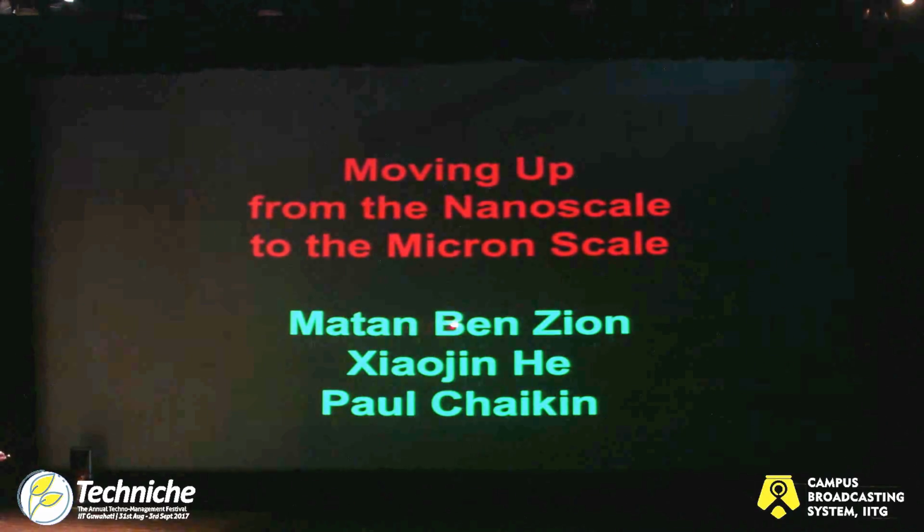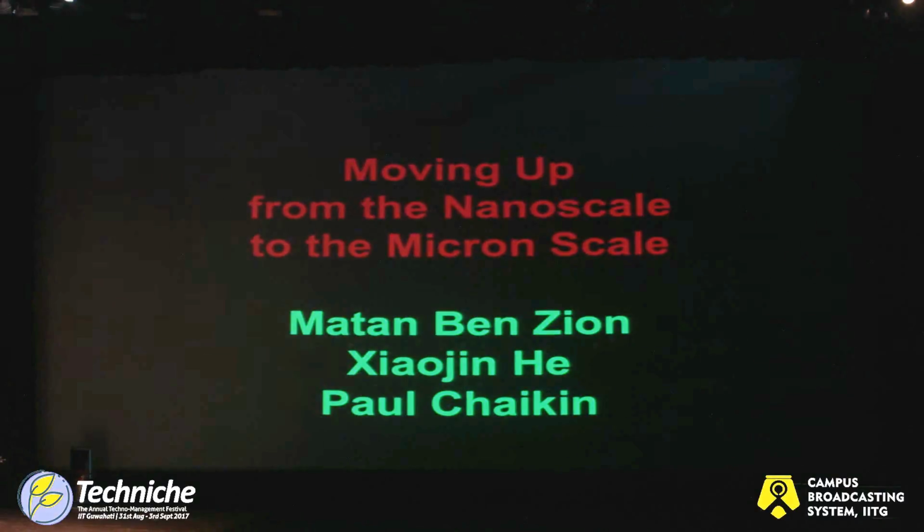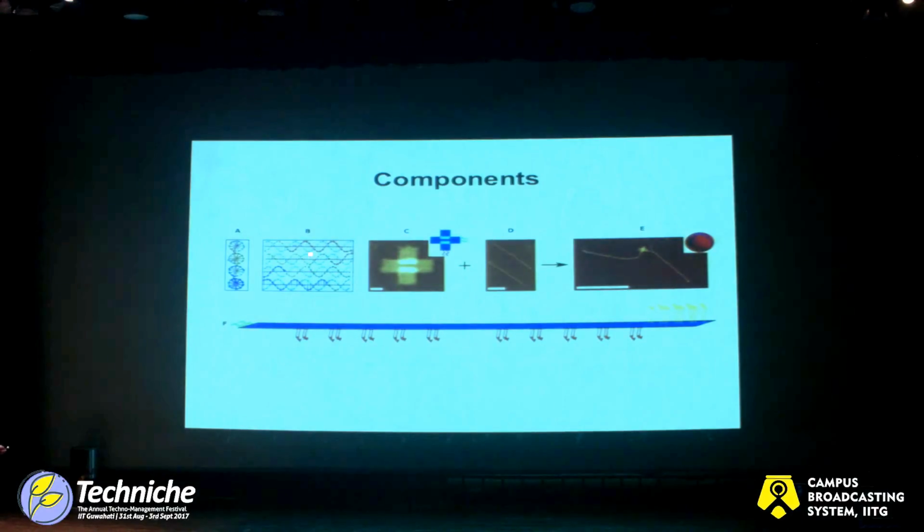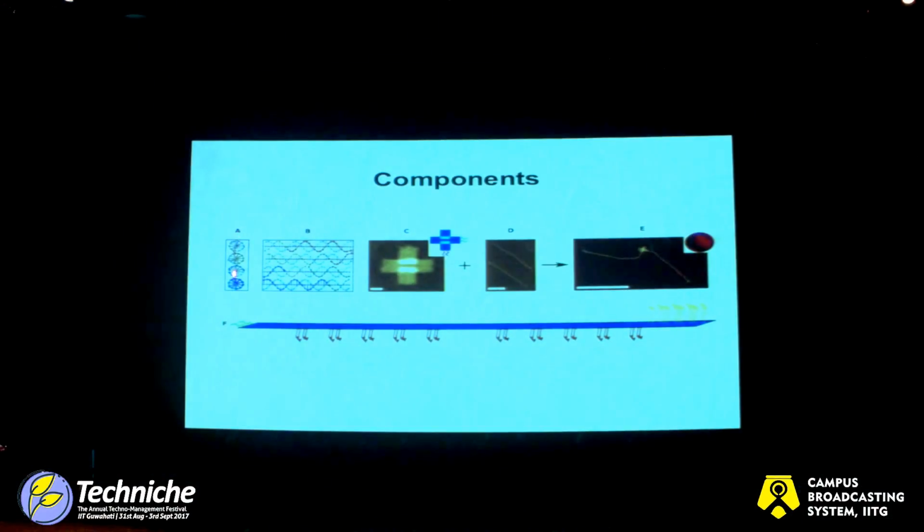Work done with Matan Ben-Zion and Xiaojin He, who worked with Paul Chaikin's laboratory as well as ours. And the components are another origami. It's a 4-helix origami belt. And it's long. It's about 600 nanometers long. It has little connections that will attach it to a colloid.